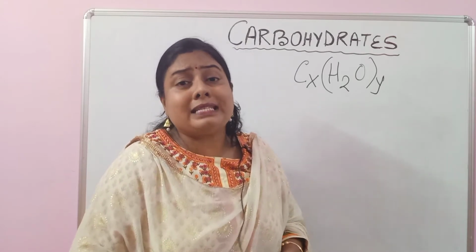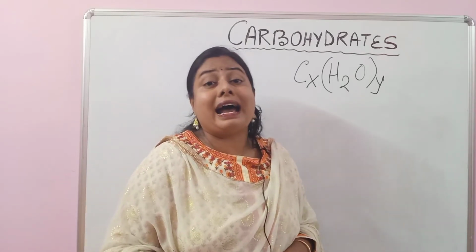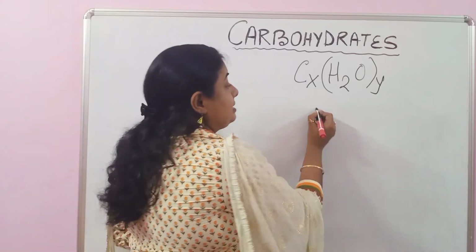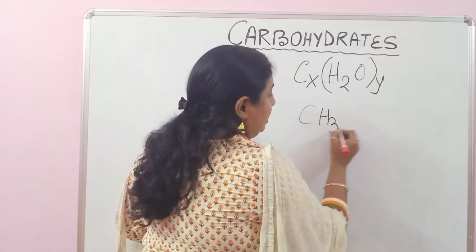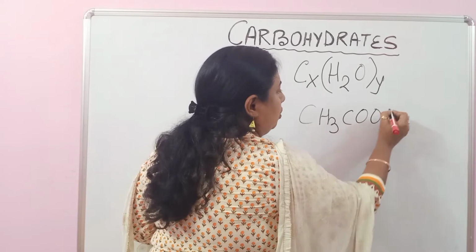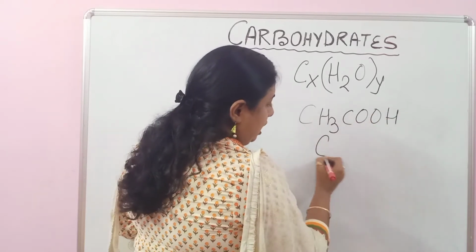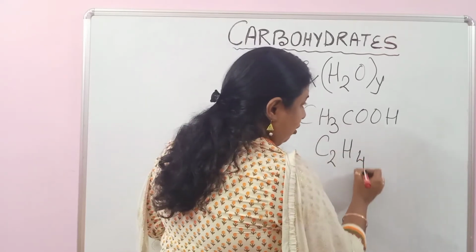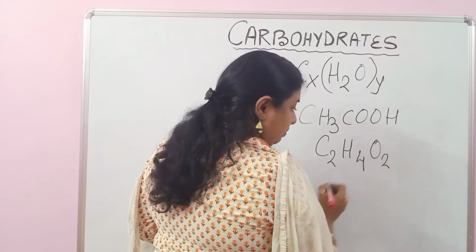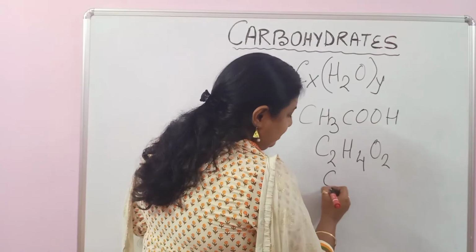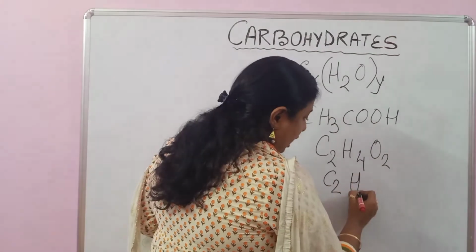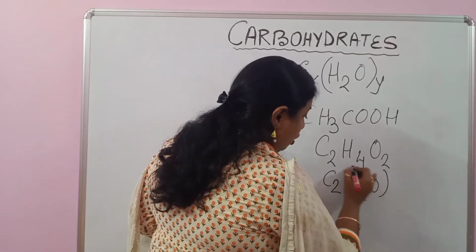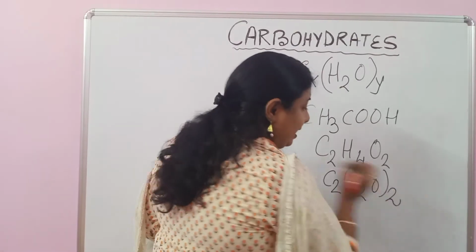But if you see the structure of acetic acid, that is CH3COOH, here the carbon is 2, hydrogen is 4 and oxygen is 2. It can be represented as (C H2 O) whole, twice.